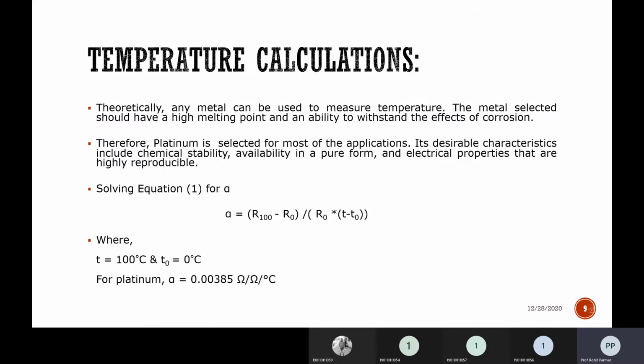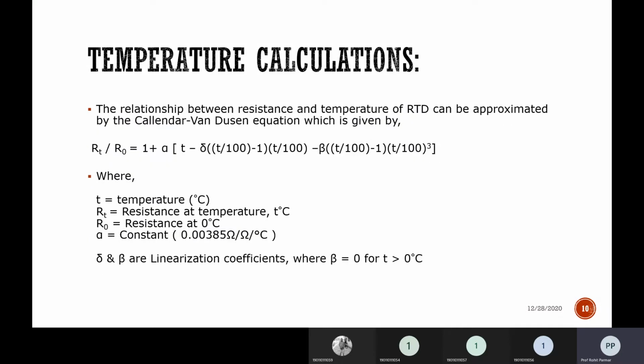That is quite easy. Now this is out of scope for us. Why? Because we are electronics engineers, not fabrication engineers. But there is one another relation based on the Callendar-Van Dusen criteria, an equation which you should keep in your mind.